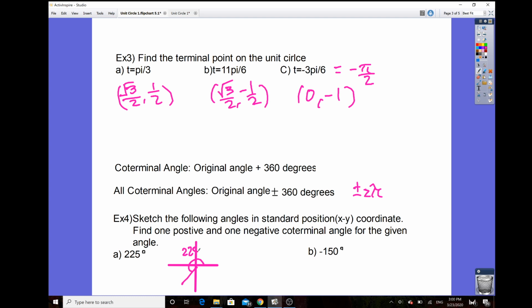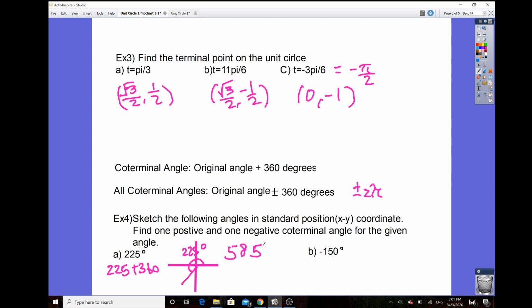Okay, 225. The way to find the coterminal angle: for the positive, simply add 360. Once you add 360, in the ones place, 5 plus 0 is 5. In the tens place, 2 plus 6 is 8. In the hundreds place, 2 plus 3 is 5.